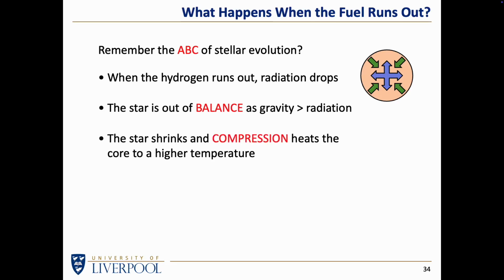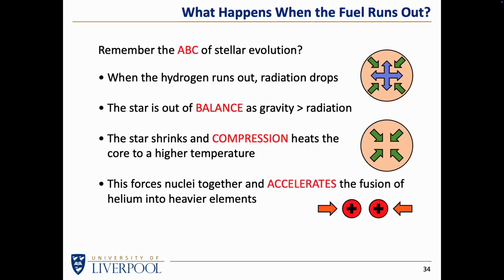There's the B of the ABC. What happens then? Well, the star will compress because the radiation pushing out isn't going to beat gravity, so the star shrinks. If the star shrinks, what happens when you compress something? When you compress something, it gets hotter. So the compression is going to heat the core to a higher temperature. And what happens when you heat the core to a higher temperature?